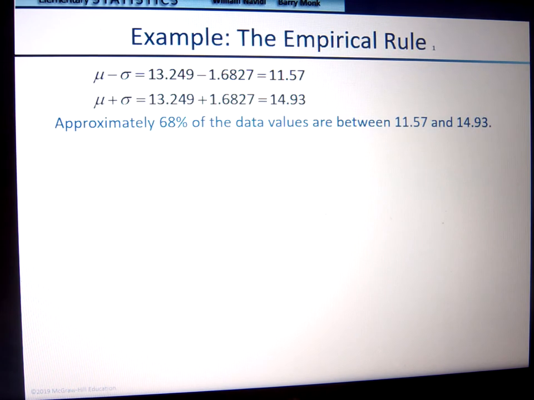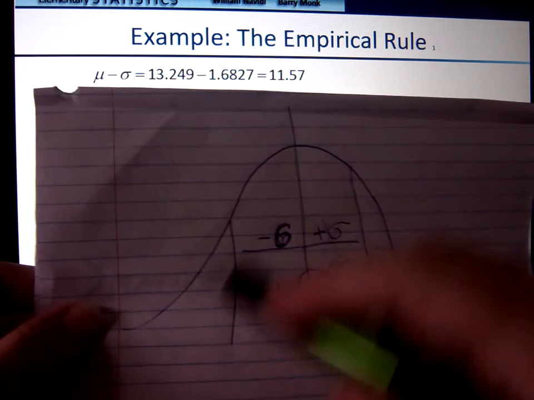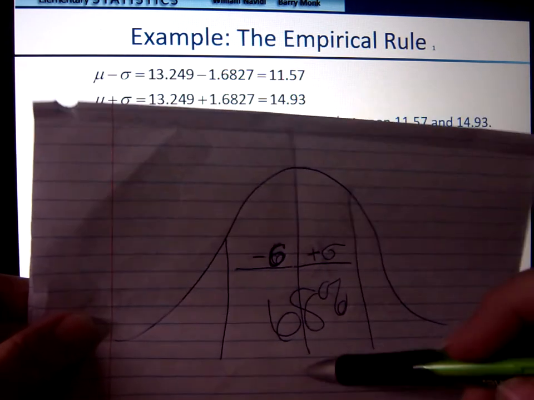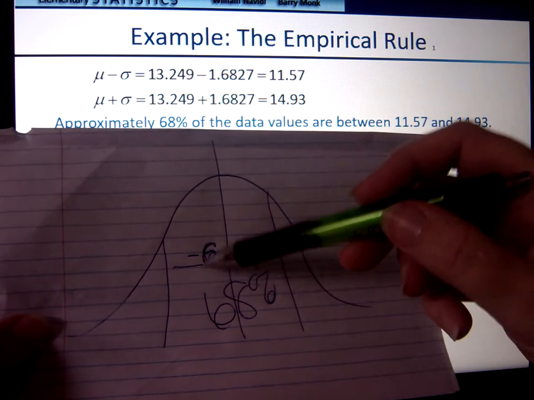So this would be if I add my standard deviation and if I subtract my standard deviation, I'd have 68% here. So let's see if this helps. Here I have my normal curve. Here's my mean. If I subtract my standard deviation, I'm moving over here.